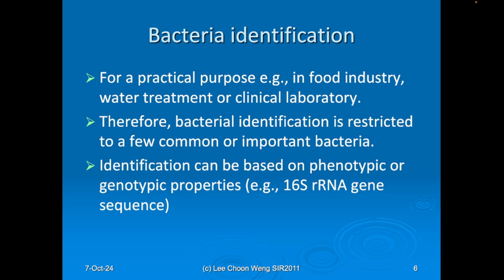Because it is for practical purpose, bacterial identification is restricted to a few common and important bacteria. It's not like research. When we do research, we usually want to know the whole community profile, all the types of bacteria. And now with NGS, high throughput, next generation sequencing, we are able to see lots and lots of bacteria types in your sample.